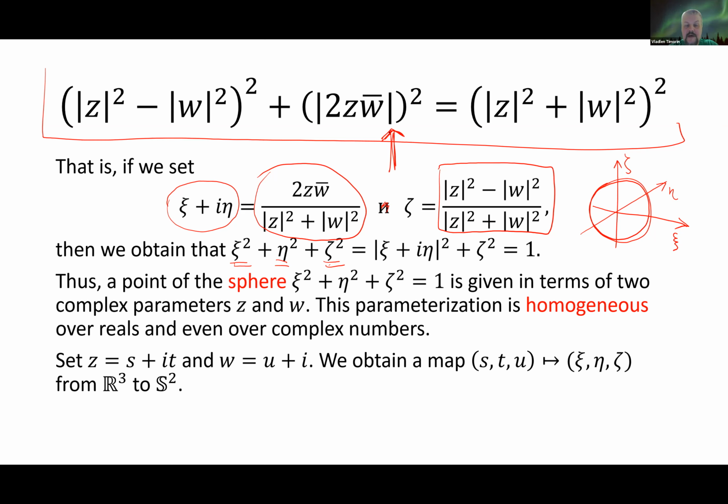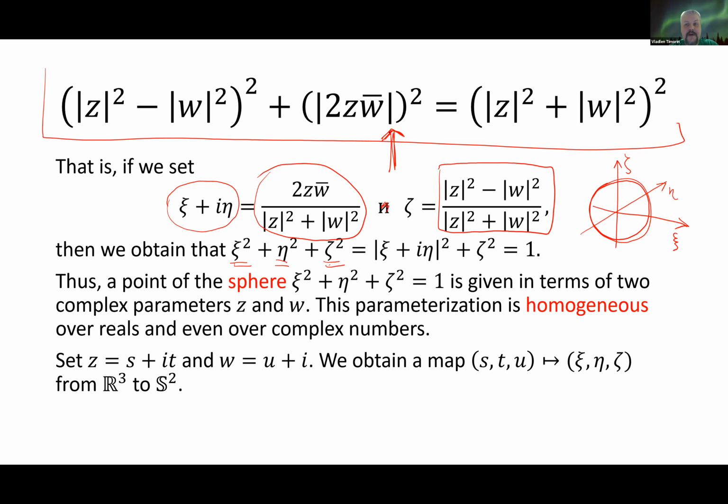This is a somewhat excessive parameterization because two complex parameters are equivalent to 4 real parameters, and the sphere is only two-dimensional. So we have 4 parameters to parameterize a two-dimensional object, and this is too much.